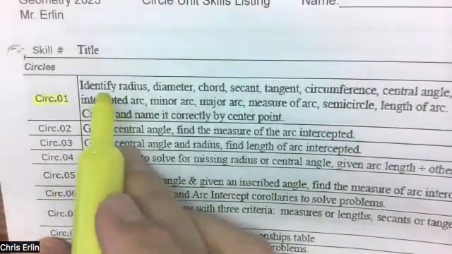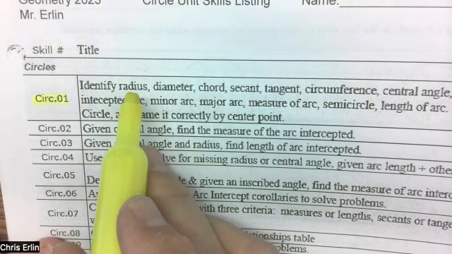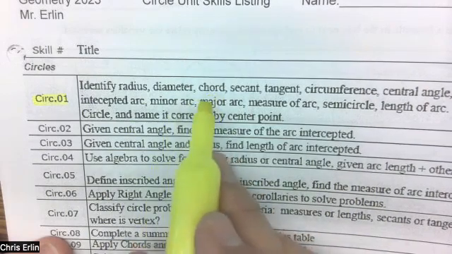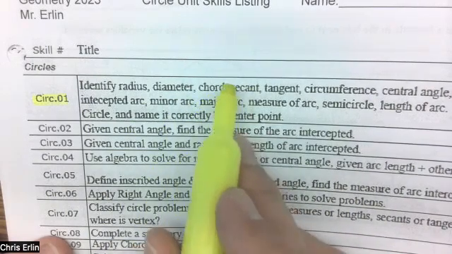Let's take a look. Can you identify the radius, the diameter, the chord? If, as I say these terms, they don't mean anything to you, I suggest you circle them.